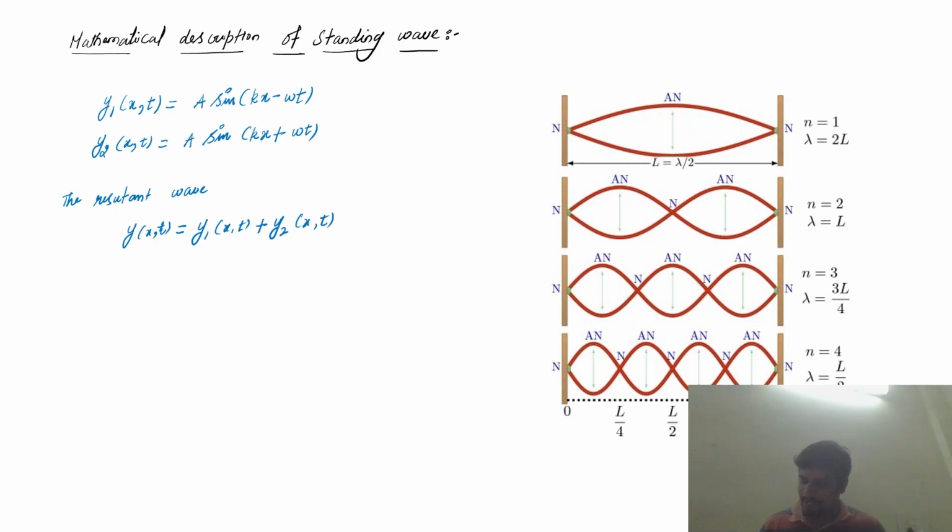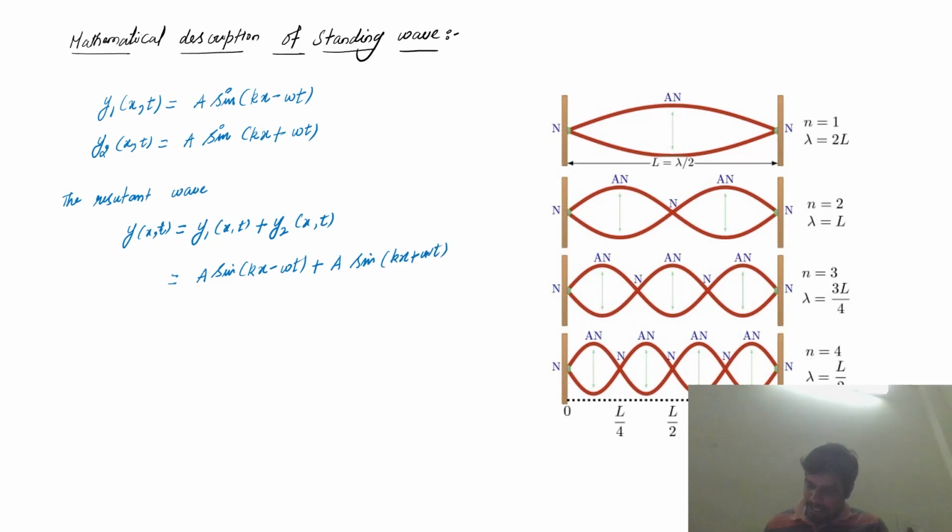This is the resultant wave. It will produce the standing wave when they are meeting on the string. So here y equals a sin(kx minus omega t) plus the reflected wave a sin(kx plus omega t).